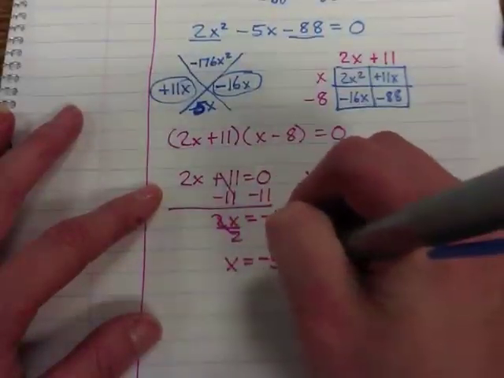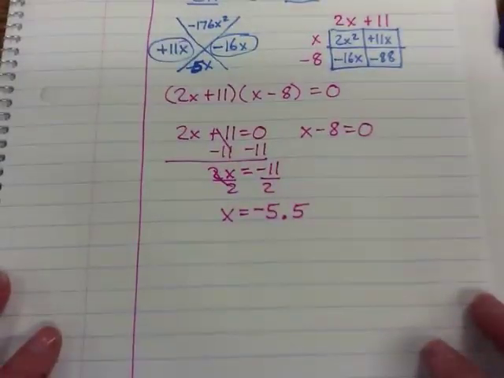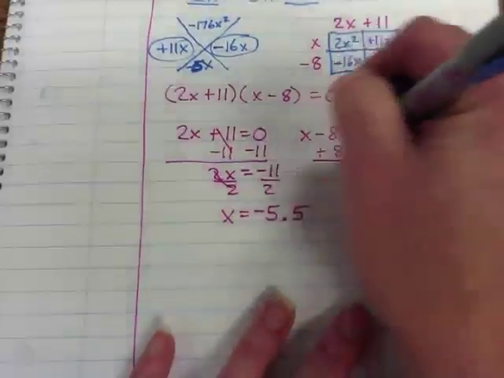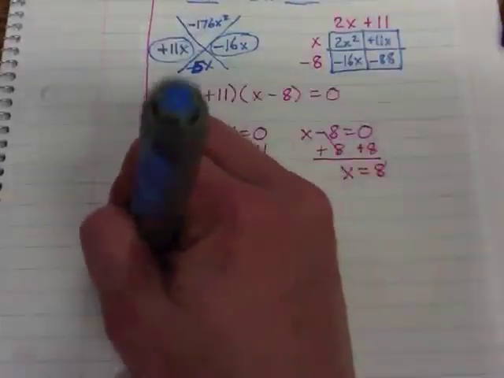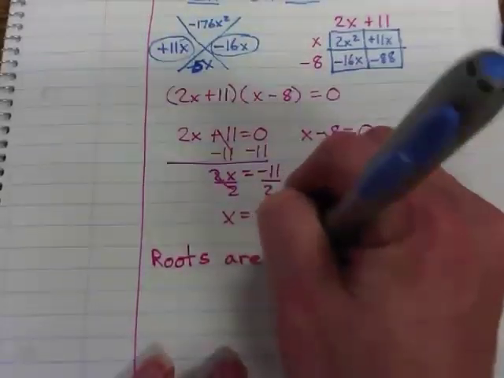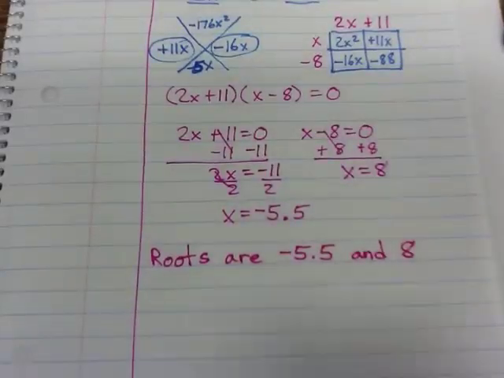Negative 5.5. And then how are you going to solve the other one? Add 8 to both sides. And what does x equal? So the roots, or the x-intercepts, or the zeros are negative 5.5 and 8.